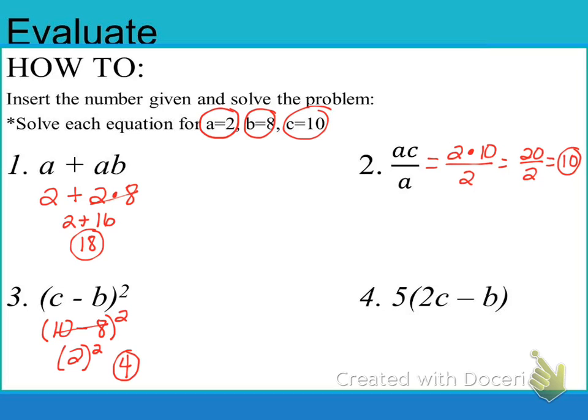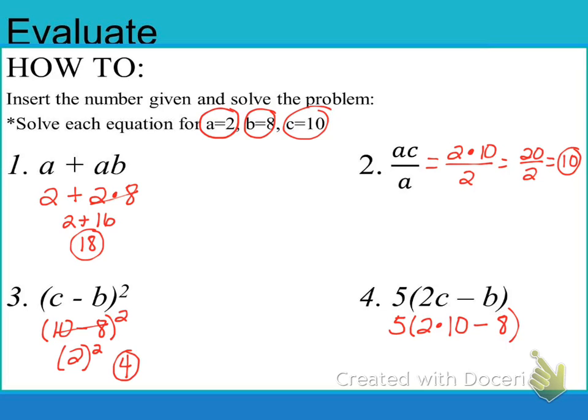And then we have our last one. We have 5. So I'm just recopying it the first time, just putting numbers in. 2 times what, C? 10. Minus B is 8. And so remember, when we have 2 things inside parentheses, we follow order of operations.